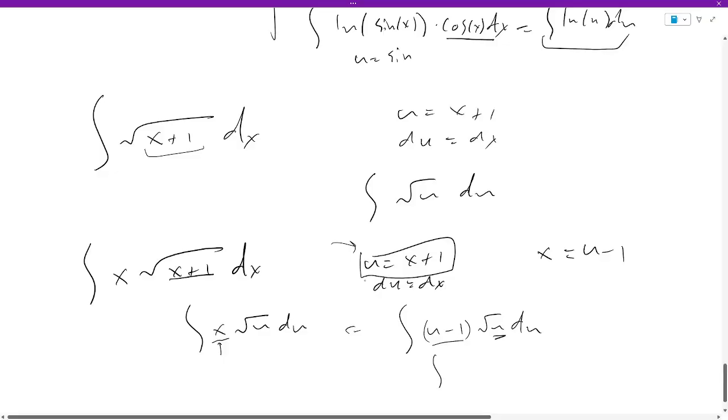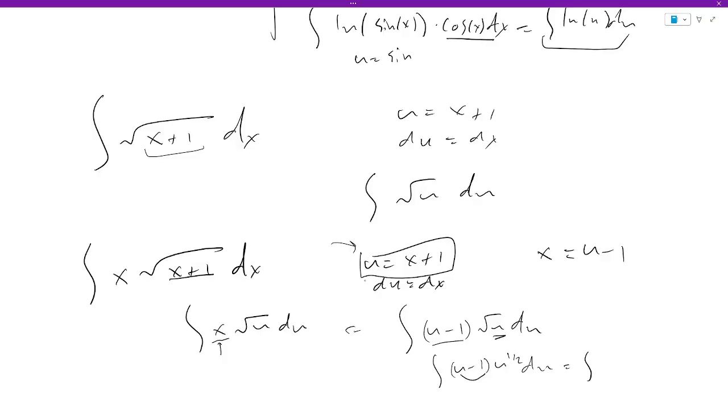Maybe just to complete this, remember that square root of u is u to the 1/2, and then remember we can distribute. I can multiply the u to the 1/2 through on both of these things. I'm going to get u times u to the 1/2, and then minus u to the 1/2.